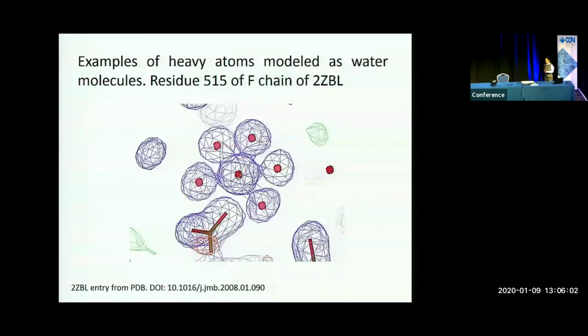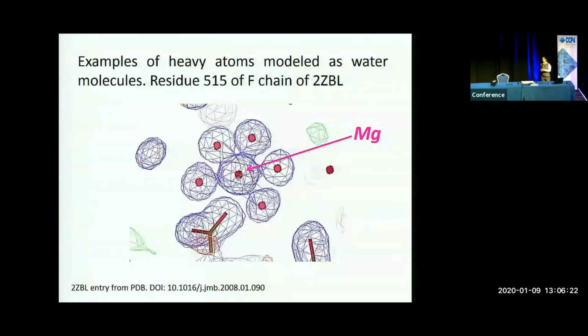The crystallization condition indicates that magnesium chloride was added. There are many structures with metal ions, but our algorithm does not highlight them because they are modeled correctly.